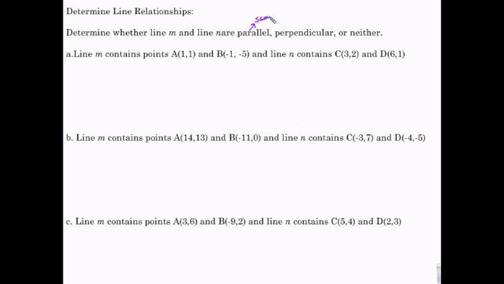Parallel is the same slope, right? Perpendicular is the opposite and upside down. And neither is anything else. If they're not identical and they're not flipped in opposite, then it's not perpendicular or parallel, it's just intersecting.